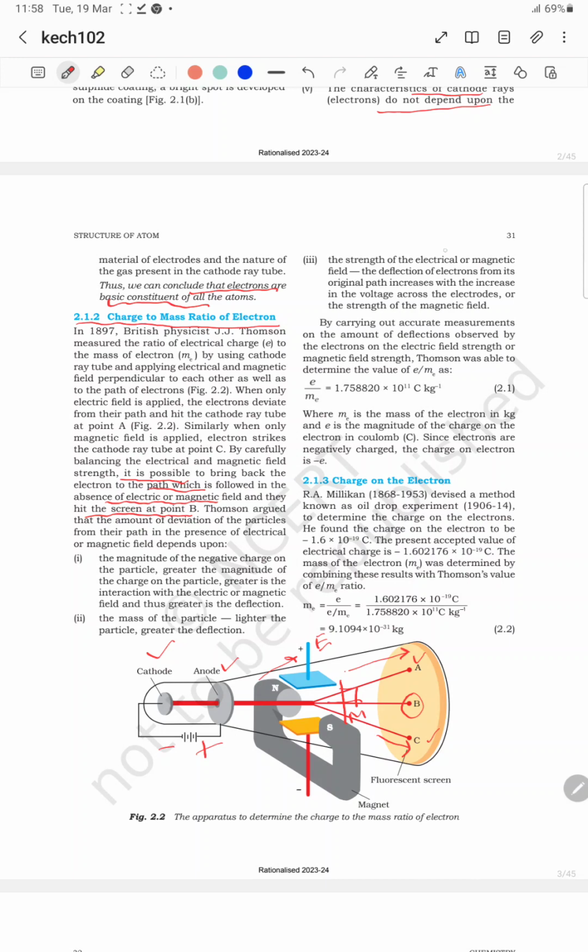The strength of the electrical and magnetic field: the deflection of electrons from its original path increases with the increase in the voltage across the electrodes or the strength of the magnetic field.